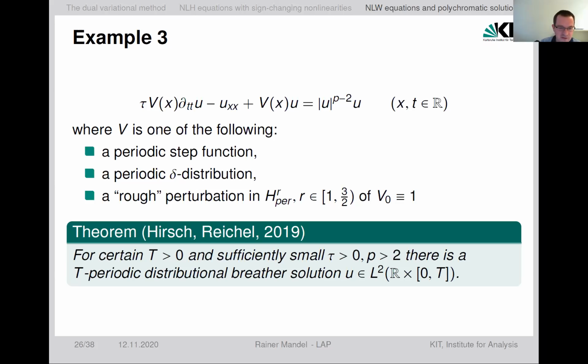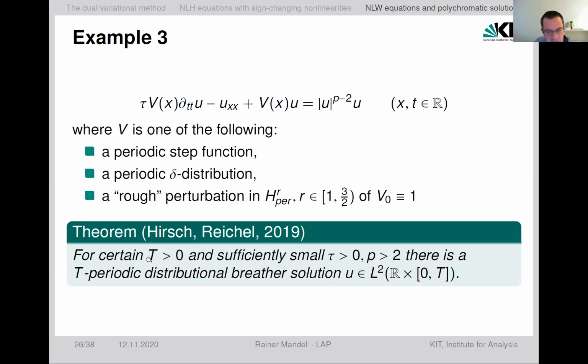I know this maybe was not very helpful, but maybe we will see in a second what this means. Because the ansatz is a polychromatic ansatz as a Fourier series, and then it becomes more clear.